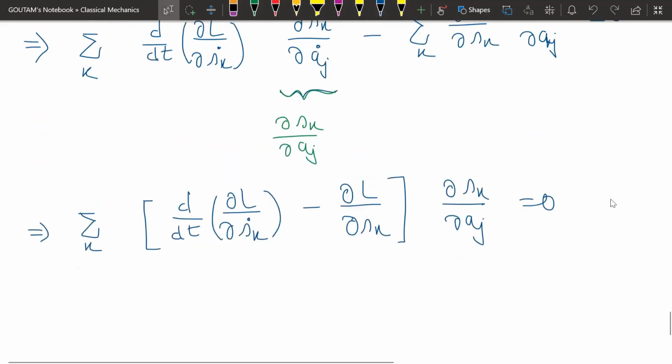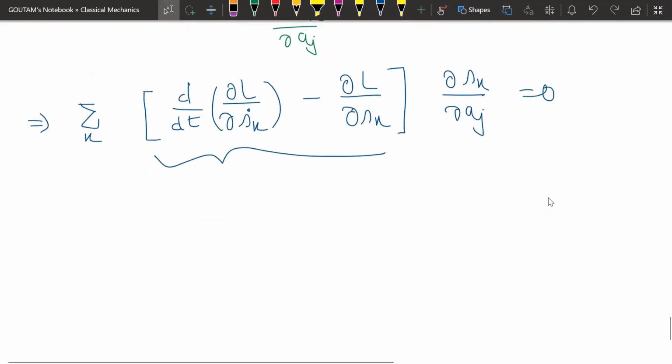So now this is a linear transformation, and all the sk and all the qj are independent. The sk's are independent and the qj's are also independent, because those are independent generalized coordinates. So in that case, if the summation is 0, that means each term equals 0.